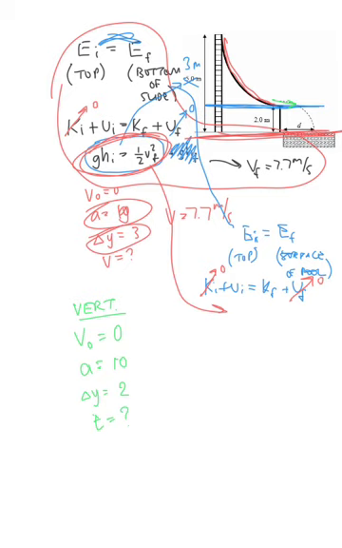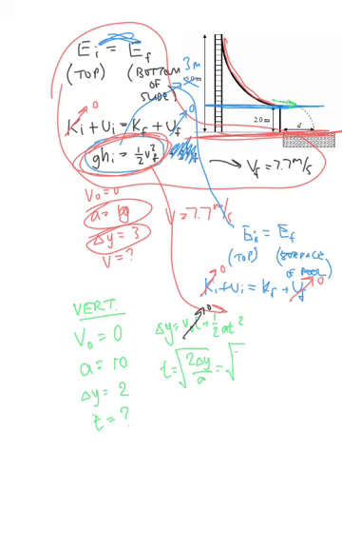So if we do the kinematics equation, the third one, delta y equals v0 t plus 1/2 a t squared, where the initial velocity is 0, and we rearrange this for t, we get t equals the square root of 2 delta y over a.